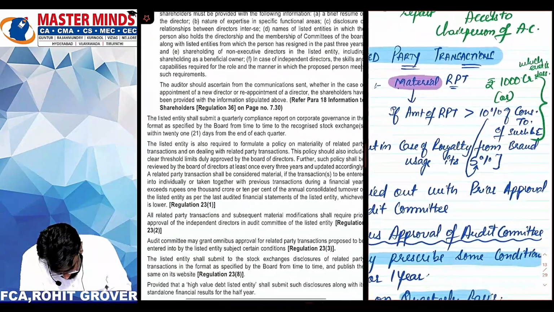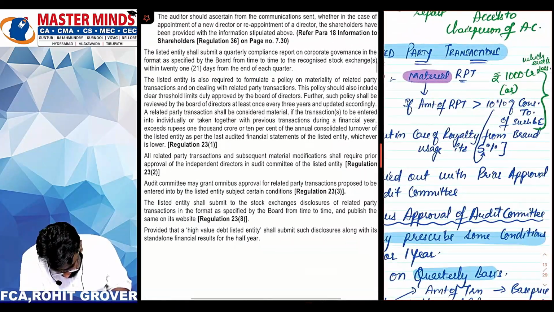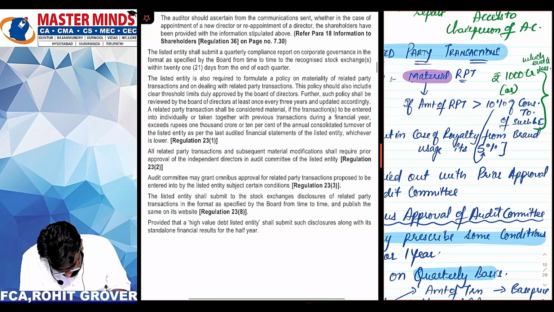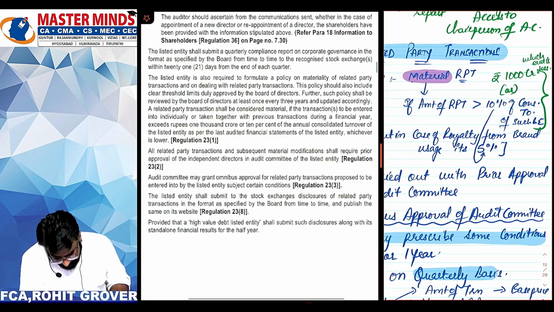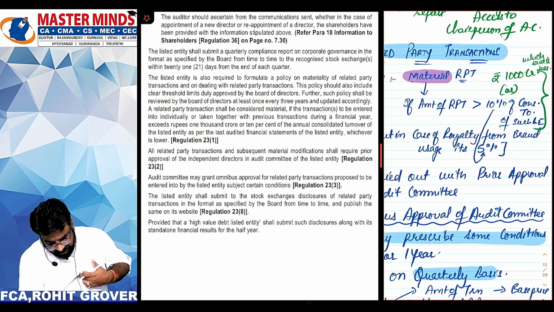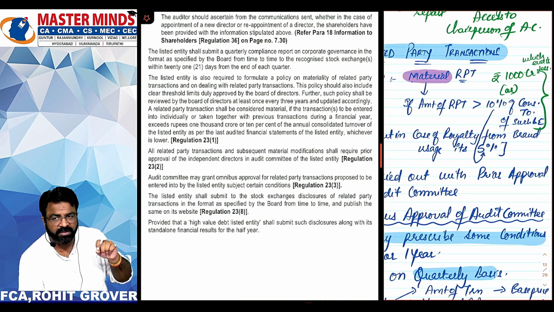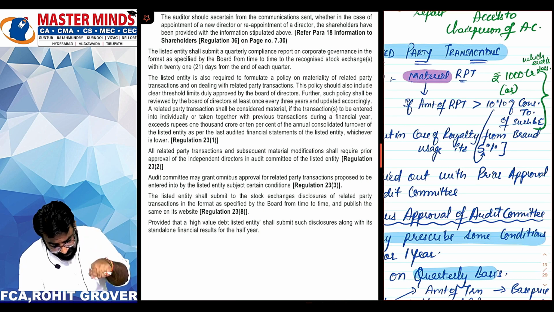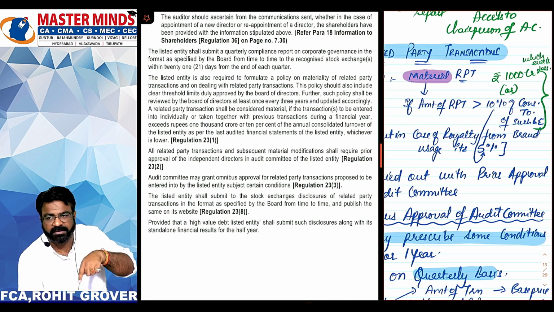Next one, all related party transactions and subsequent material modification shall require prior approval of independent directors. Okay. So not only audit committee, के अंदर भी एक और point हो गया, that I already told you. If you want to do 177, if you want to do 188, you need to take the prior permission of one set. But they have said that in that audit committee also you need the approval of independent directors.